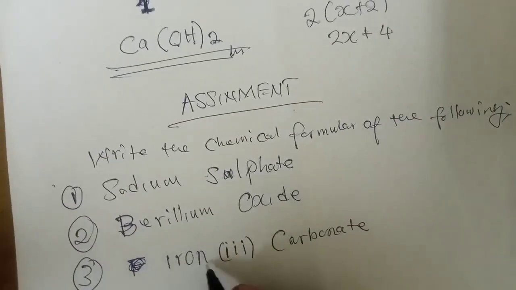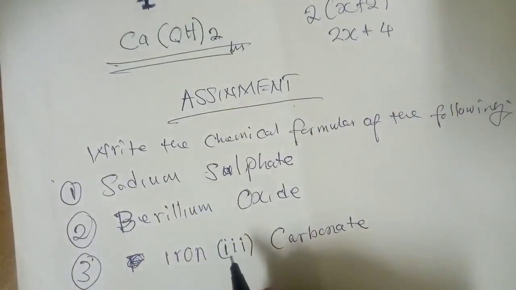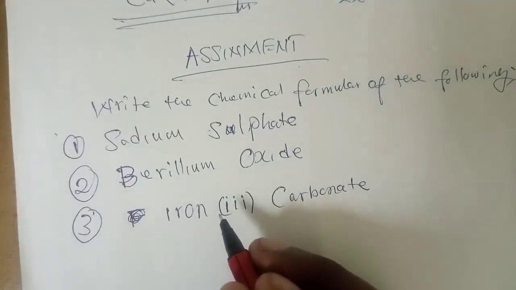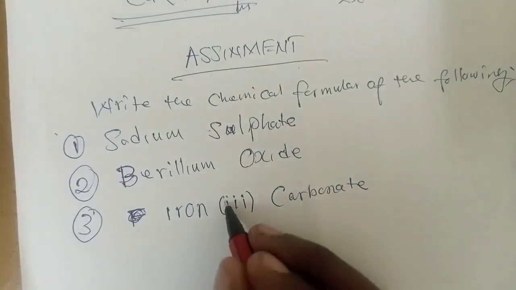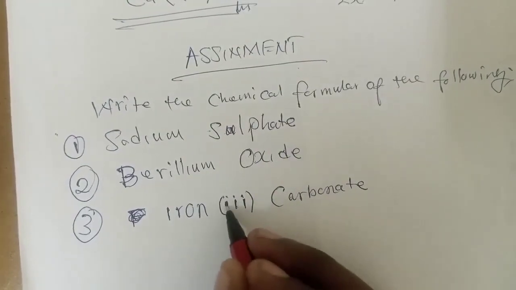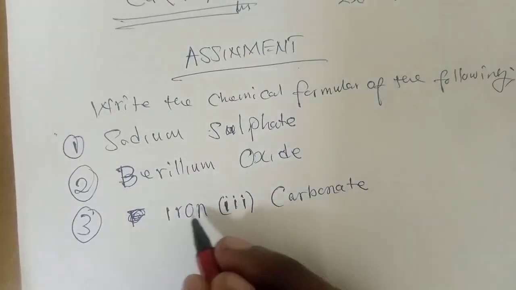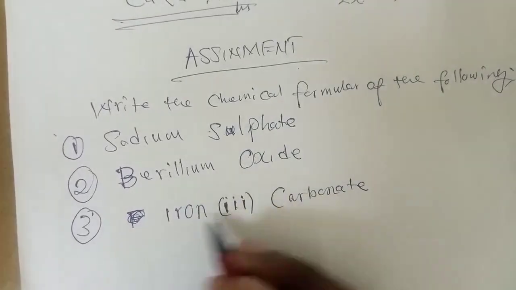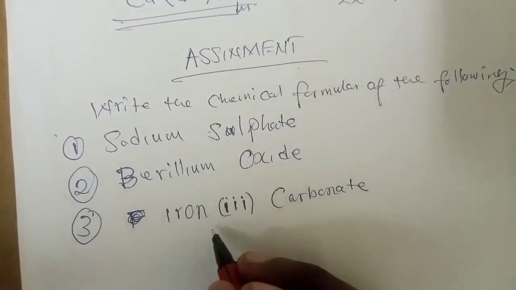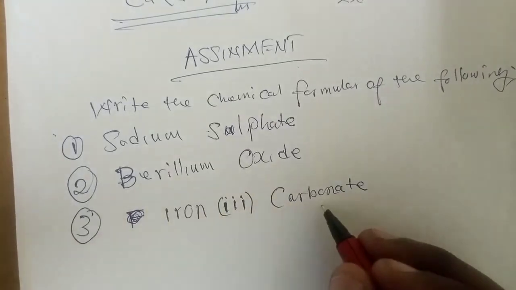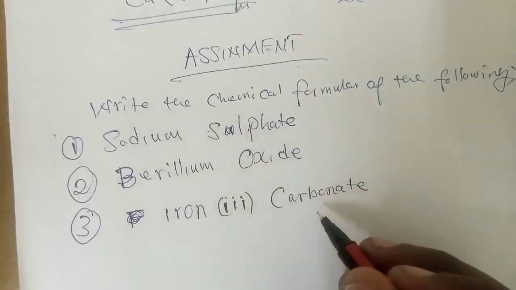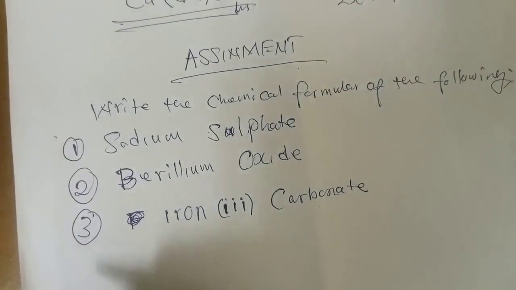So iron, this one, is a transition metal, meaning that it is found where those transition metals are, and I said that they will specify for those ones, and this they have specified. So iron 3, meaning that it has a valence number of 3, and you know the valence number for carbonate, I have taught you in this video.